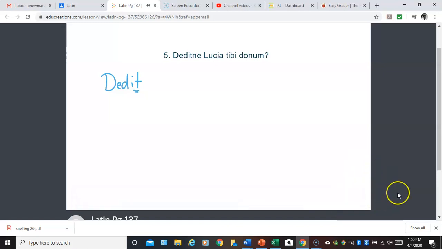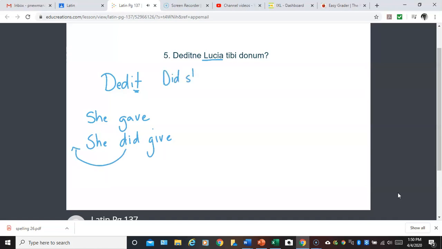So he, she, it gave. And now because we're talking about Lucia, which is Lucy, I'm going to say she gave. And we also know that we can write she did give, which we're going to use when we turn this into a question, which means the same thing as she gave. So I'm going to put that did in front, and now I have did she give.